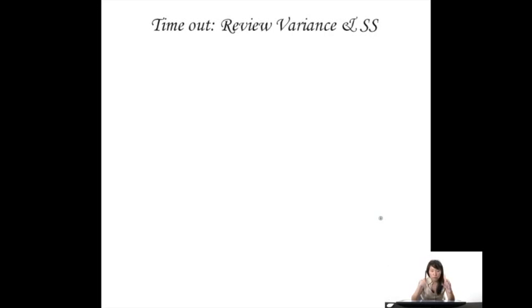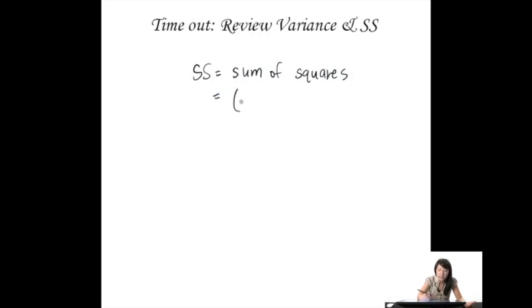All right, so first of all, let's just review variance and sum of squares. Sum of squares is an idea that we're going to use over and over again. It's just this idea that you're summing, the sigma sign, summing something from x bar squared. So it's basically the squared distance away from the mean, and you add them all up. That's sum of squares.